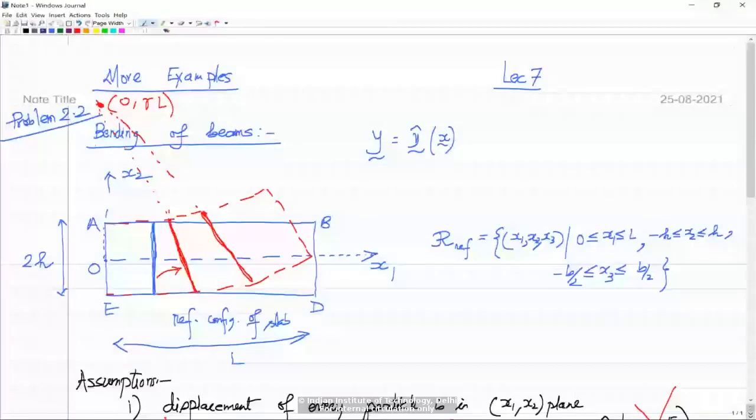So if I make this picture 3D, so I hope you can see the 3D picture.